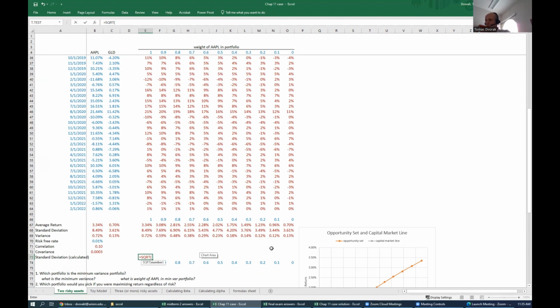We're taking the weight of asset A, just down here, squared.